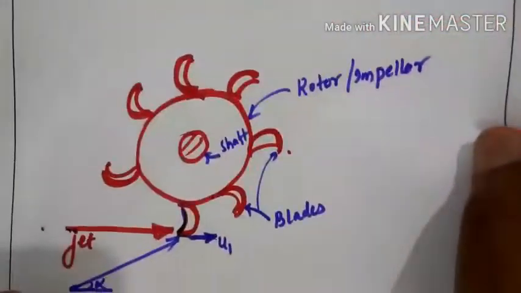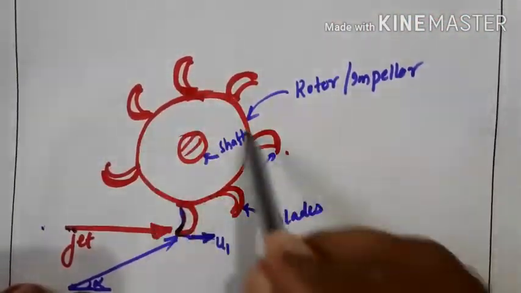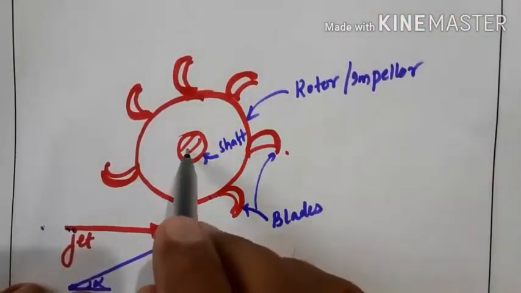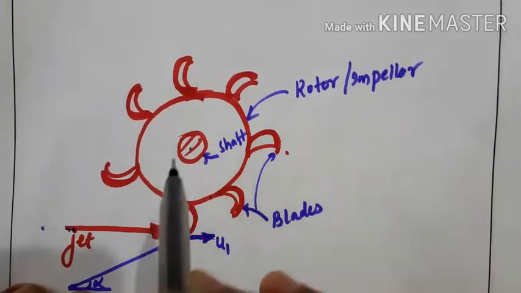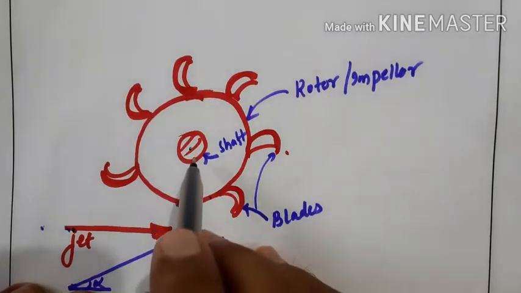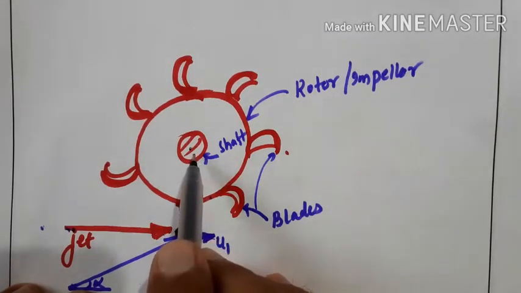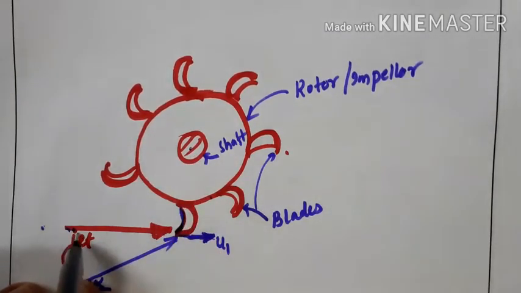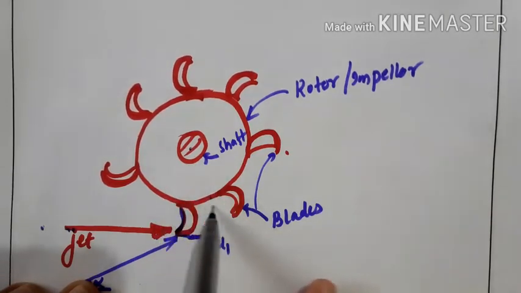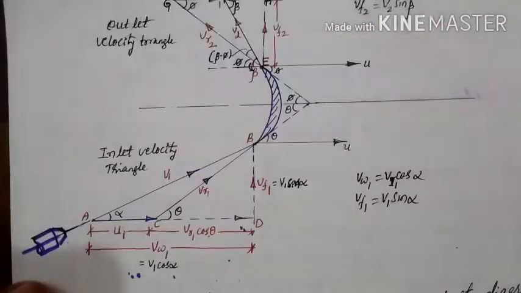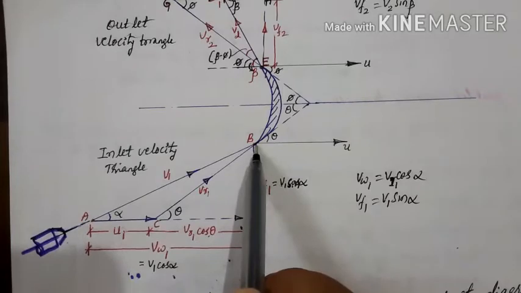This is the turbine, and if you take the perpendicular to the shaft, that represents the axis of the turbine, and it is striking in this direction, which means this will be the tangential direction, tangential to the shaft. So the jet is striking tangentially at one of the tips.